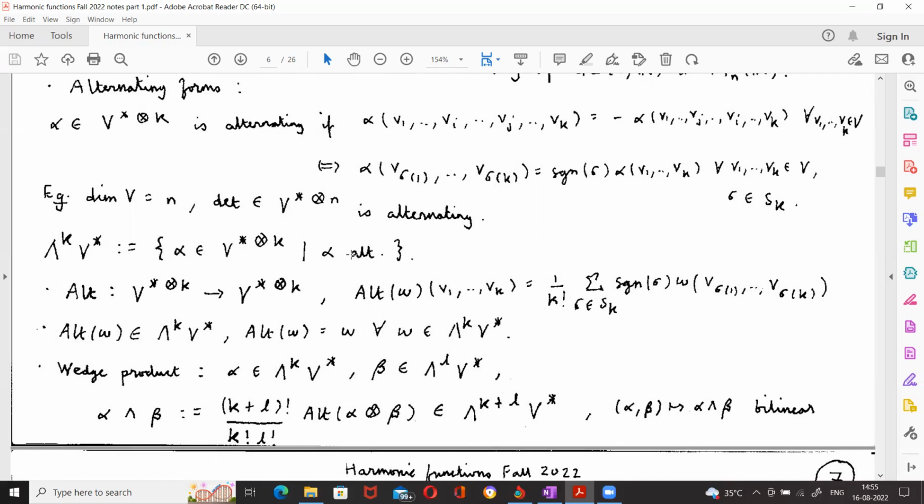Normally, the kth wedge of a vector space is defined as a quotient of the kth tensor. Okay, it's not a subspace. Normally, it's defined as a quotient. But in the case where I'm looking at the kth wedge of a dual space V star, then this can naturally be identified with a subspace of the kth tensor of V star. Okay, so just a little bit of linear algebra; you can look at Hoffman and Kunze.